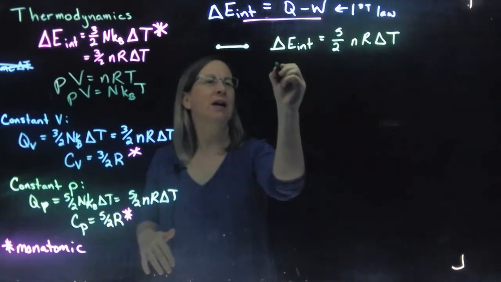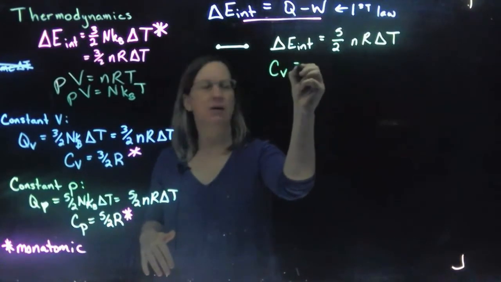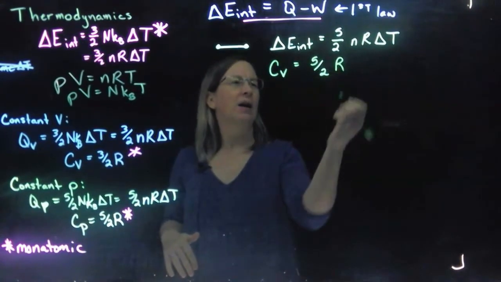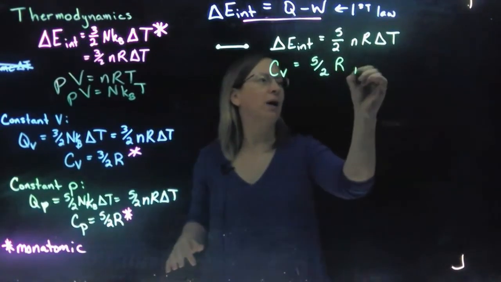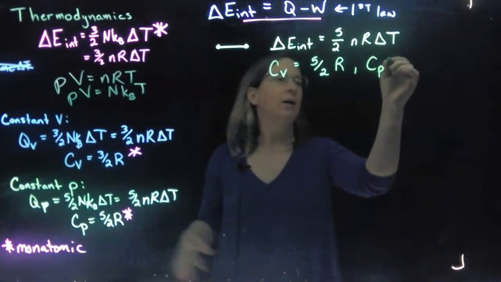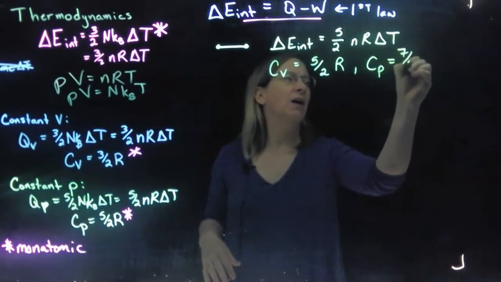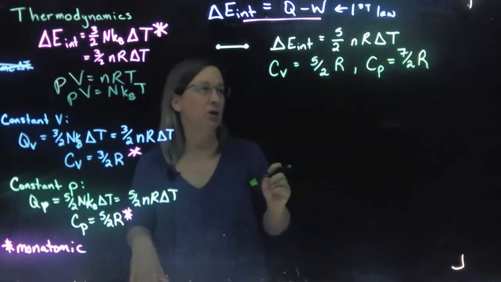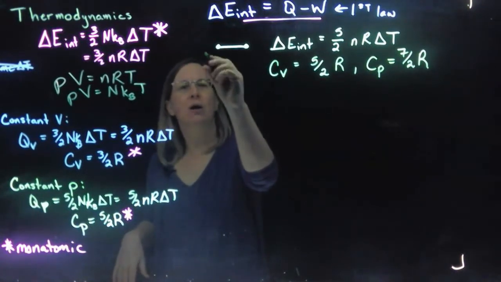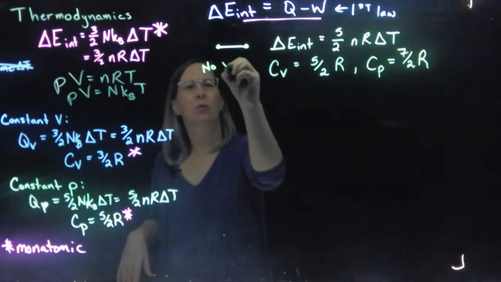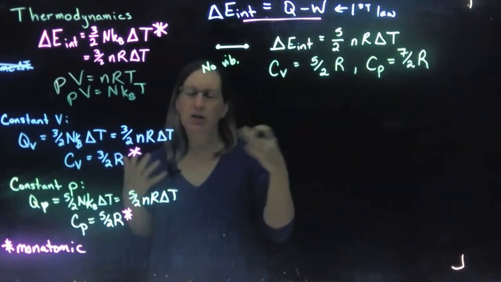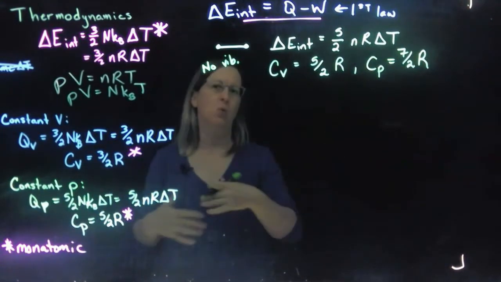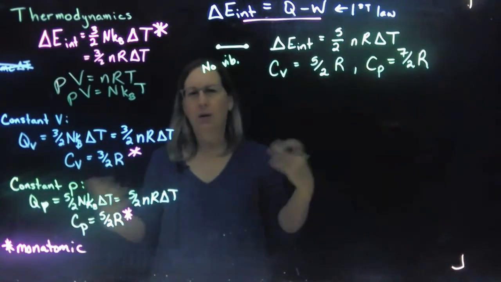So for a diatomic, CV is equal to 5/2 R, and similarly CP is now 7/2 R, if we have a diatomic molecule where vibrational energy doesn't matter. So no vibrations. And that's typical at room temperature and above, not way above, but in the temperatures we're mostly working with.